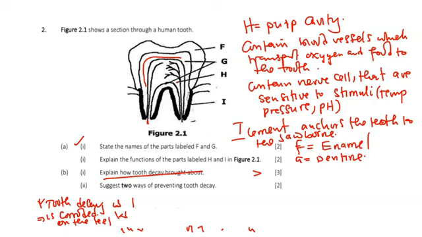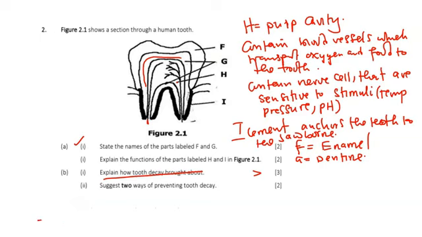The other way is to avoid intake of sugary food, because sugary foods contribute to tooth decay, as you've seen mostly in babies or young ones that like sweets. The other one is regular visits. You visit the dentist at least twice per year. In that way, you can get medical advice, and of course you can prevent tooth decay.